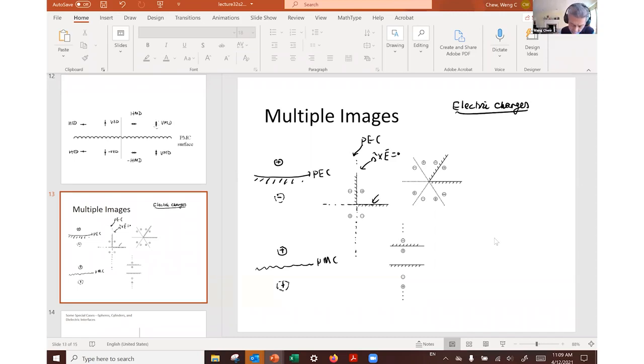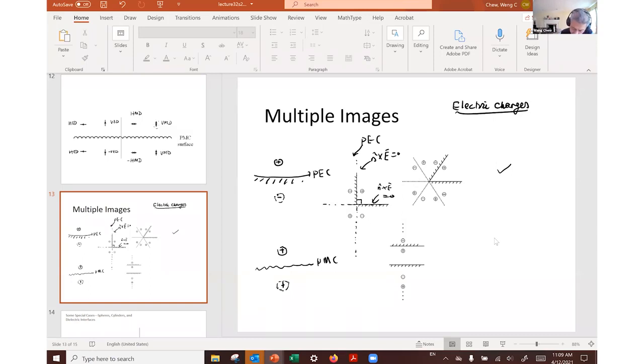So I can see that n cross E is also 0 on that surface, which means that by the use of 4 charges, I can make n cross E be 0 over the entire angular surface or 90-degree surface I have here. Okay, so this is one use of image theorem that is beyond a flat surface. I can do the same thing for a more complicated surface like this one over here.